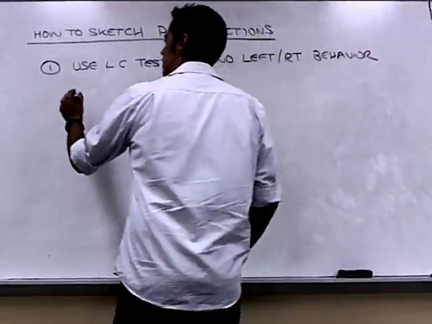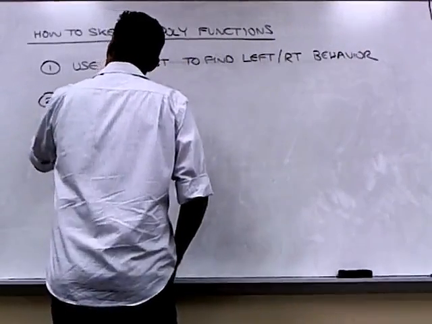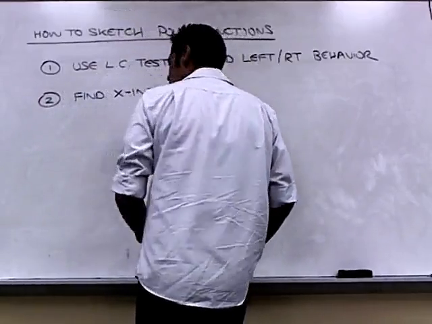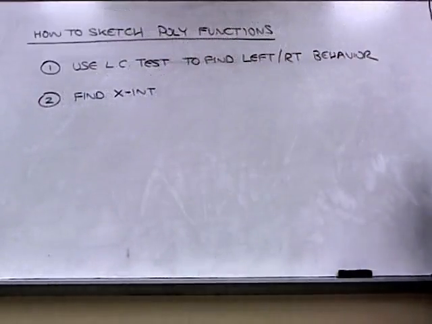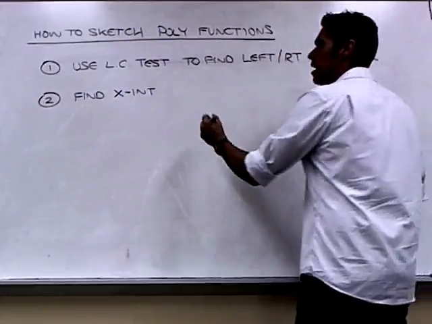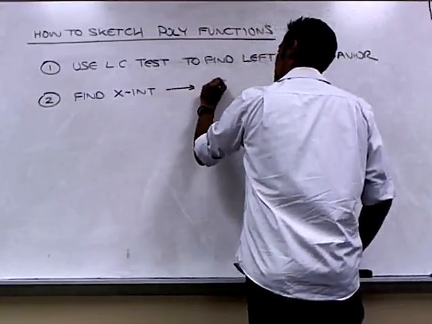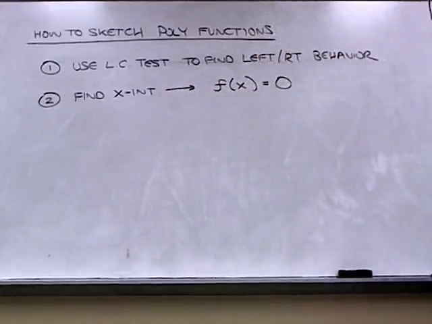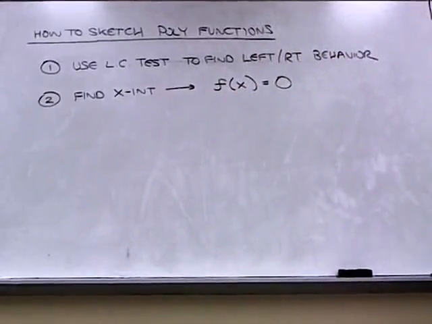Okay, the next step is to find the x-intercepts. Now, to do that is going to require some work. To find x-intercepts, remember that what that meant was we set the function equal to 0, doesn't it? Isn't that what it means to find the x-intercepts? You set your function to 0.